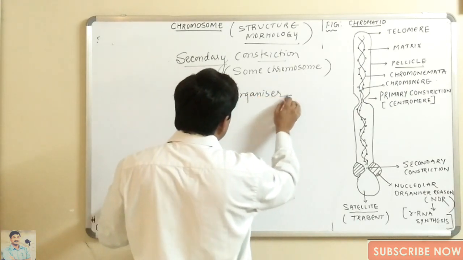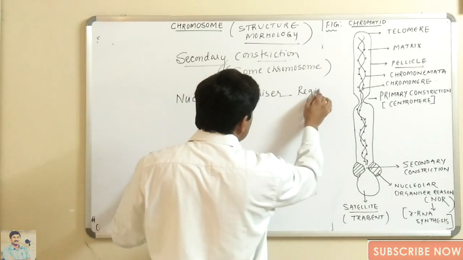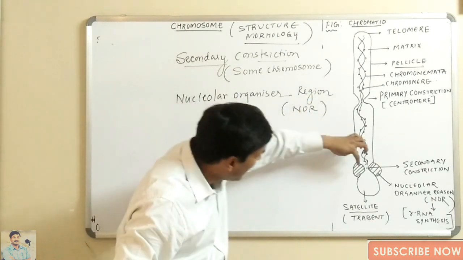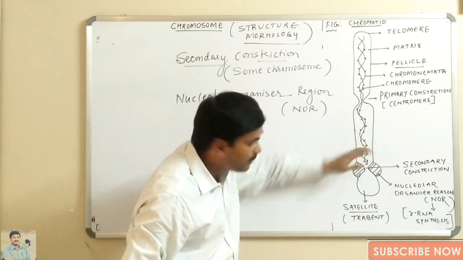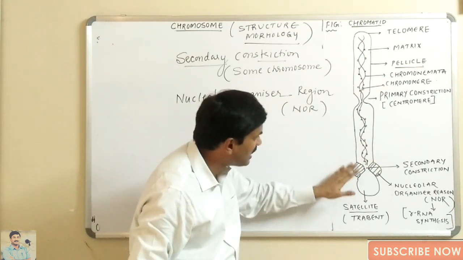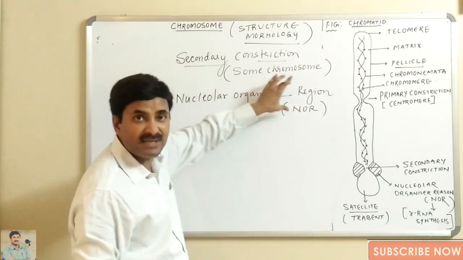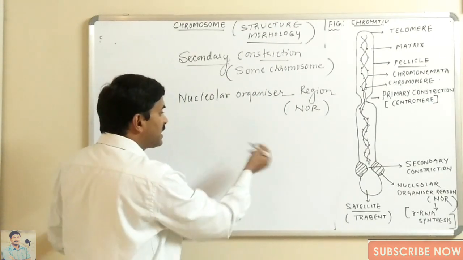Very important part, nucleolar organizer region, right? In short, it is also called as NOR. You can see that I have made a secondary constriction here, but around the secondary constriction I have made a part known as the nucleolar organizer region, right? Why nucleolar organizer region?